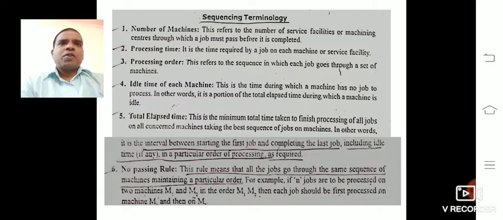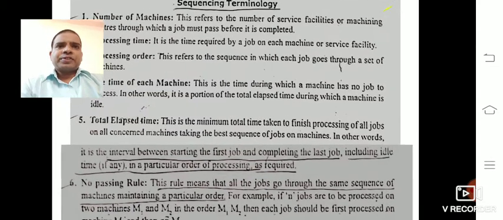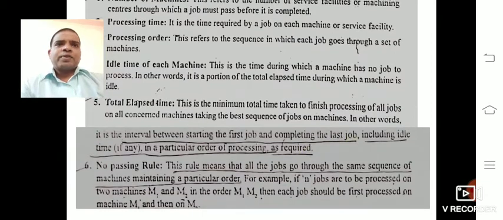Next, processing order. This refers to the sequence in which each job goes through a set of machines. Next, idle time. As you know, idle time is the time during which a machine has no job to process. Now the fifth one is total elapsed time.